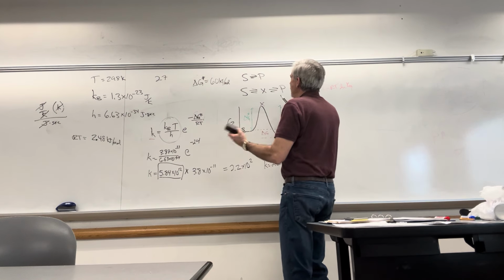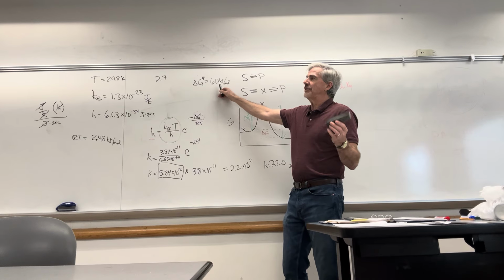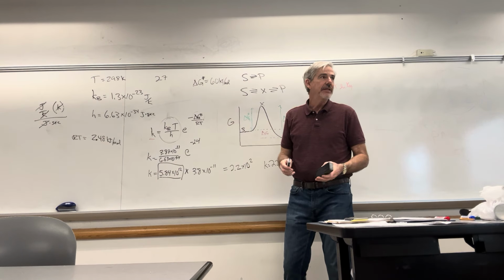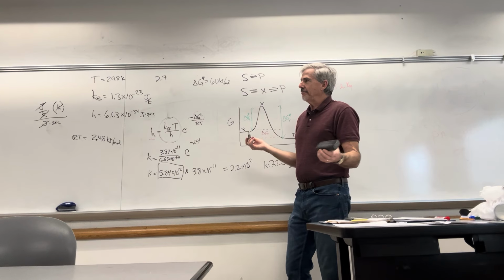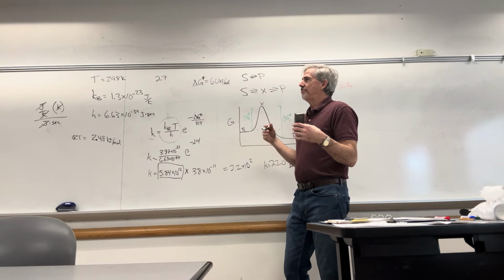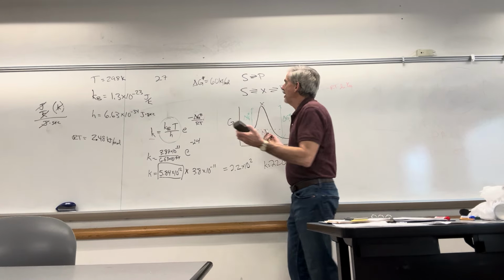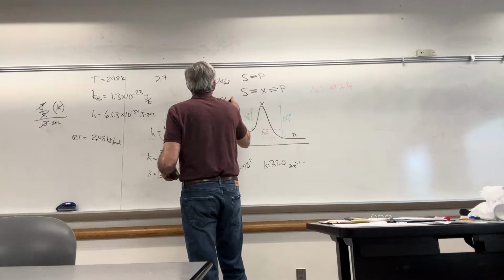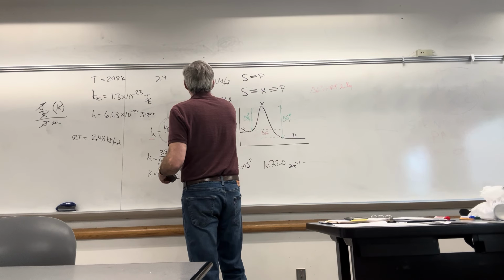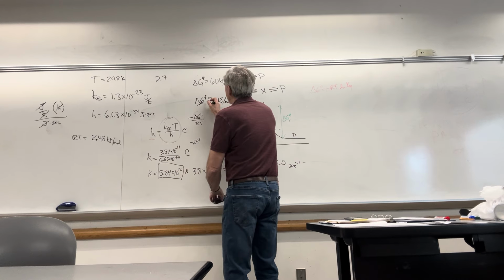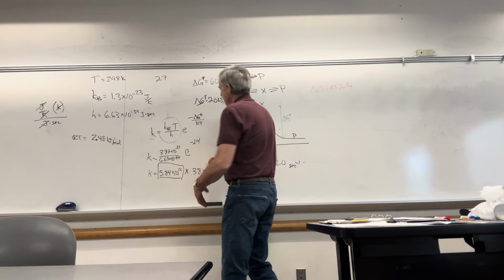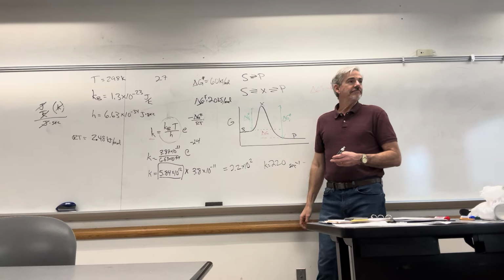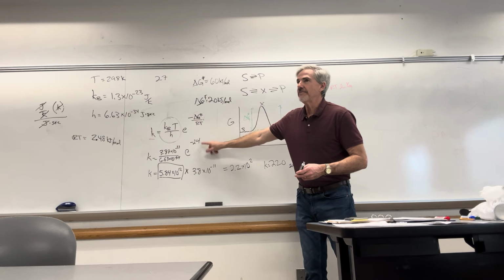Let's say the enzyme cuts it to 1/3, from 60 to 20 kilojoules per mole. Redo the calculation. All you gotta redo is that part of it.